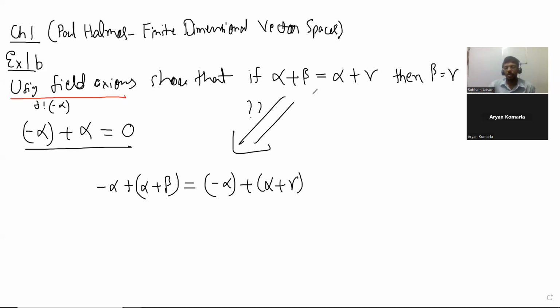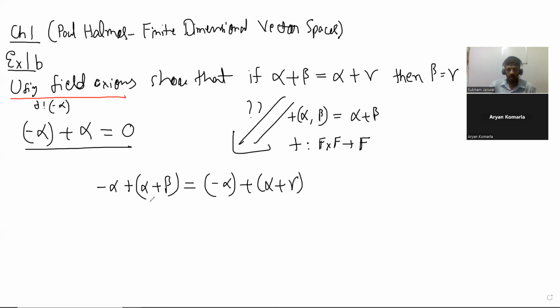So basically, this addition would be defined as a binary operation. Given alpha and beta, there is a binary operation which gives you alpha plus beta. This plus is a function from F cross F to F. It takes two inputs and gives an output which we denote by alpha plus beta.